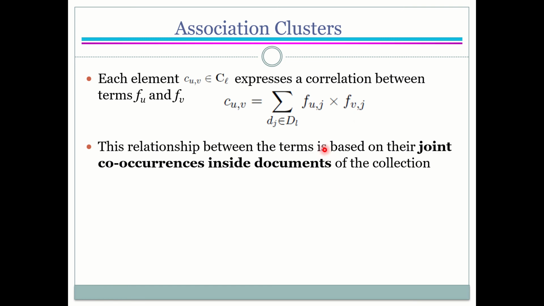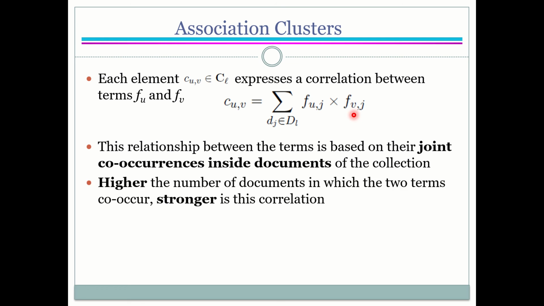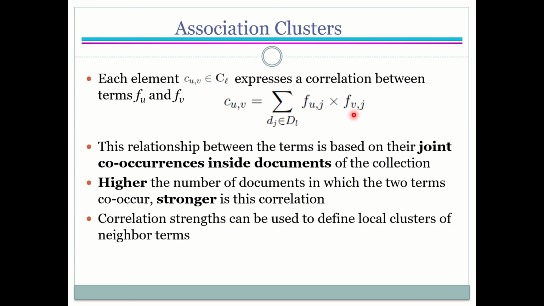This relationship between the terms is based on the joint co-occurrence inside documents of the collection. So if two terms, for example term U and V, exist in most of the documents, we can say that these two terms are highly correlated to each other. The higher the number, the more they are correlated. So we can use this to expand our query.